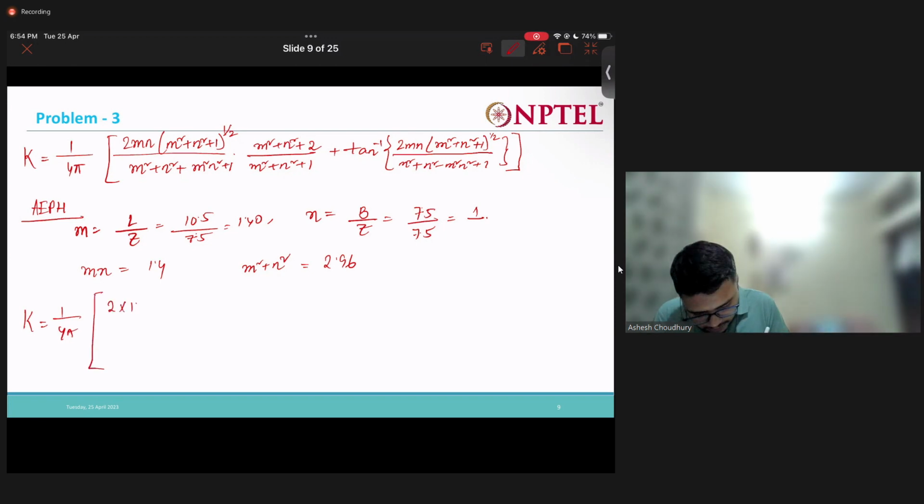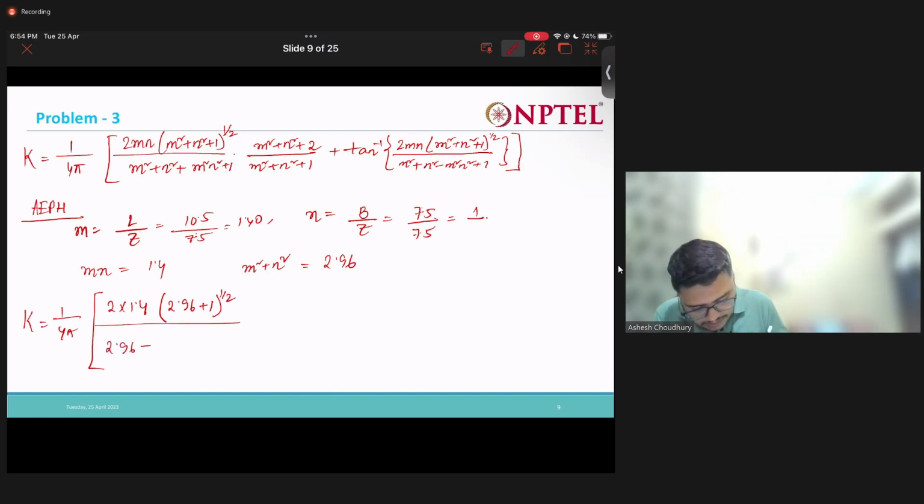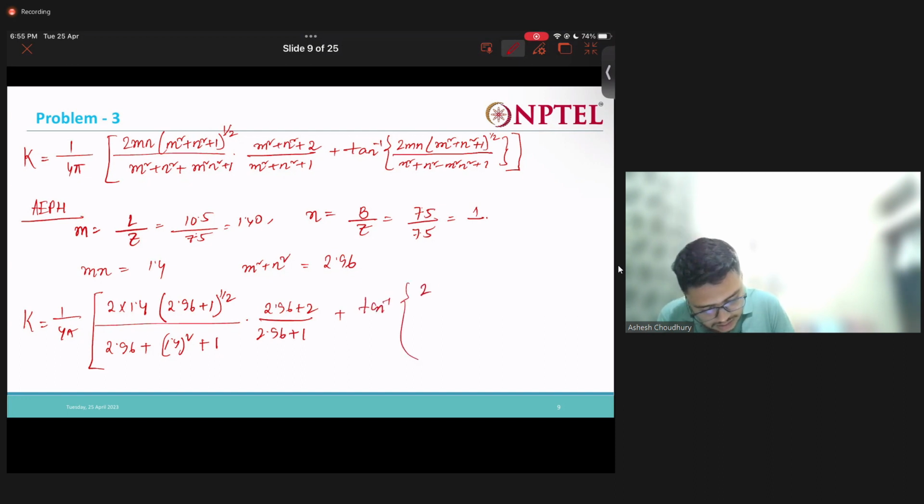Okay, then we can put it in this K relation. So 2 into 1.4 into 2.96 plus 1 by 2.96 plus 1.4 square plus 1, 2.96 plus 2, 2.96 plus 1, tan inverse 2 into 1.4, 2.96 plus 1, 2.96 minus 1.4 square plus 1.